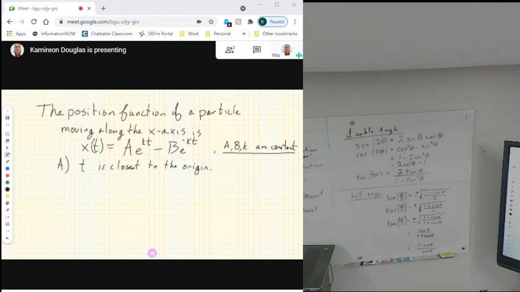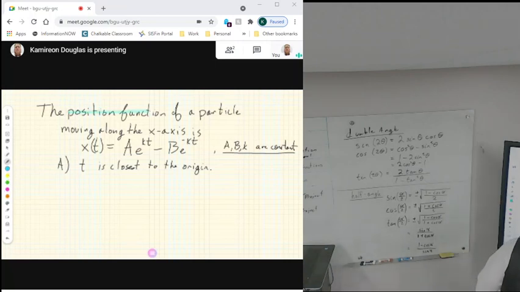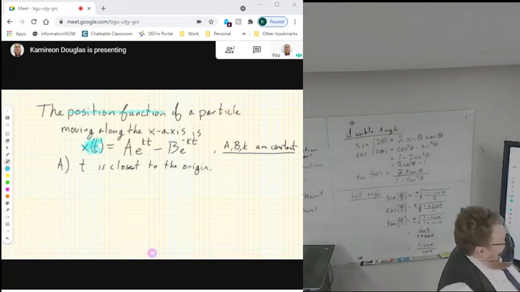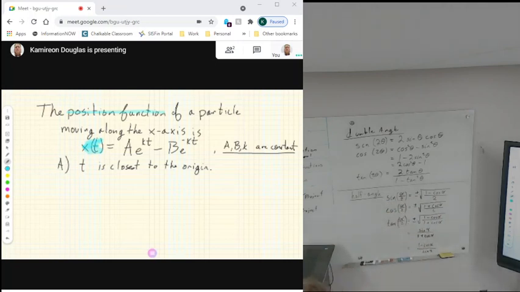So let's remind you of key facts. First key fact. This function is the position function. So if I plug in t equals 0, let's ask ourselves, what does that mean? It is the position at the starting time.